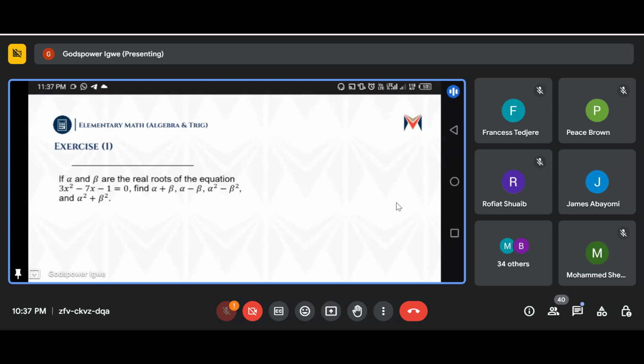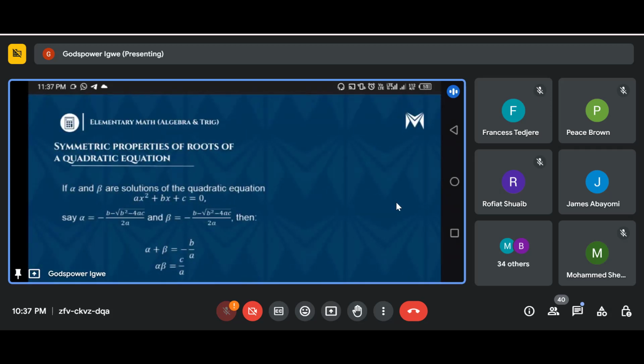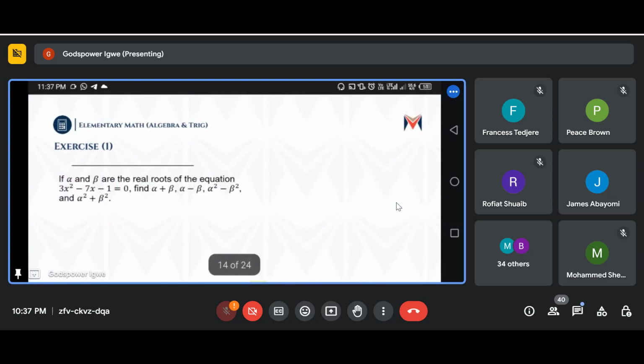So if alpha and beta are the real roots of the equation 3x squared minus 7x minus 1 is equal to 0, find alpha plus beta. Alpha plus beta is minus B all over A. Then alpha minus beta, then find alpha squared minus beta squared, and then find alpha squared plus beta squared.